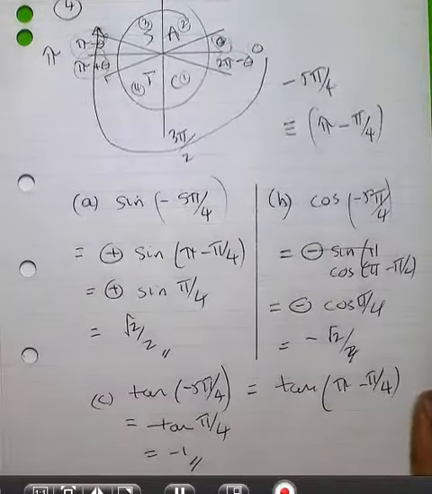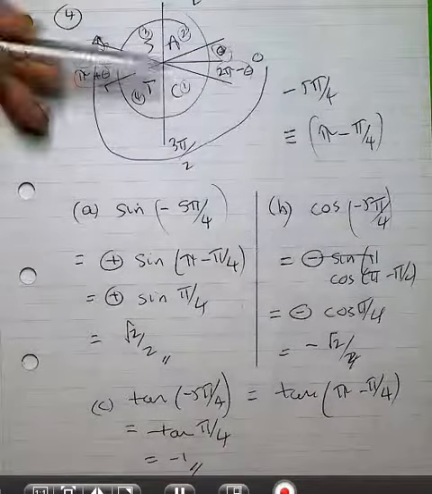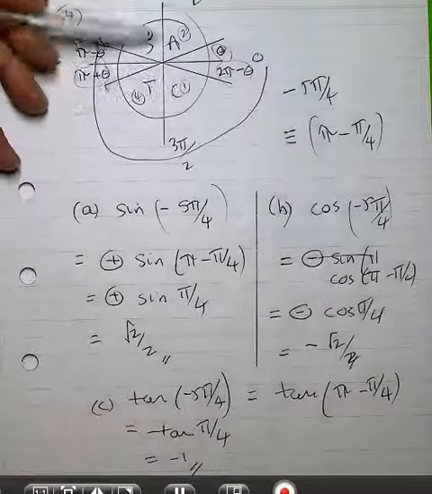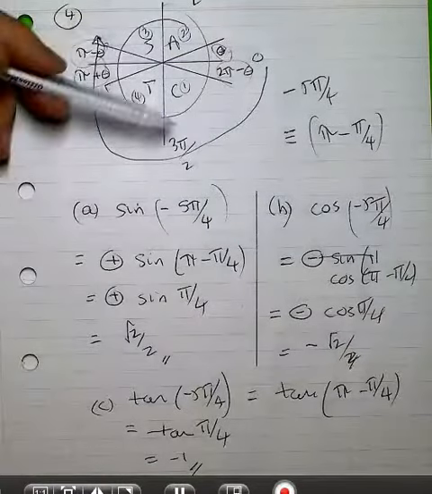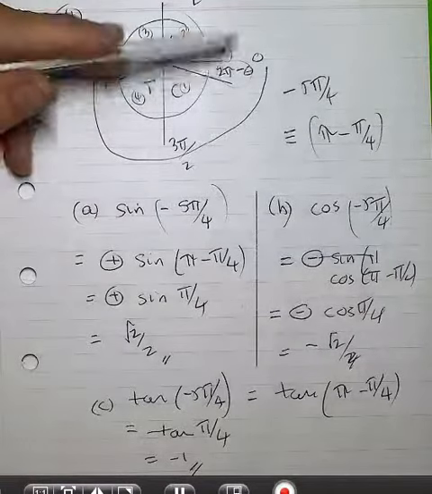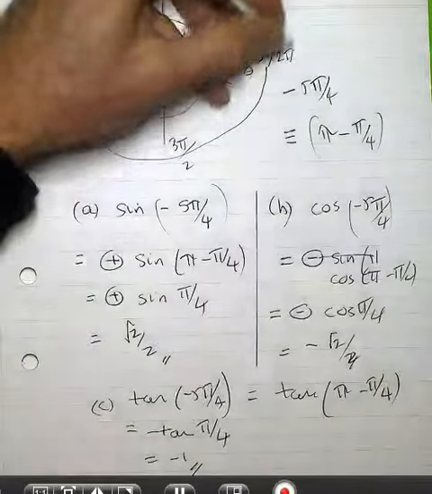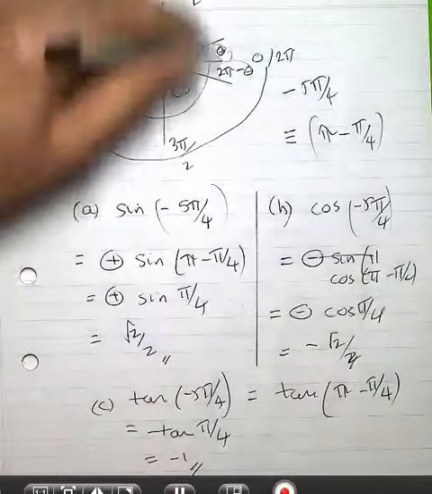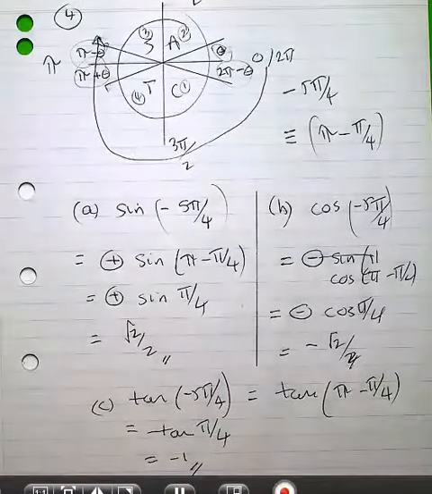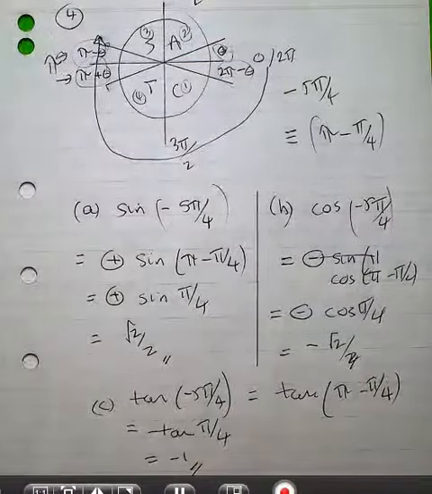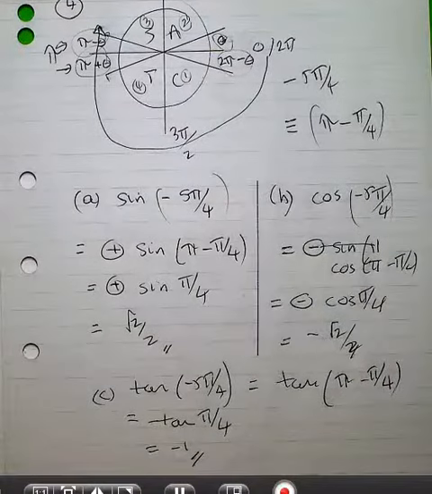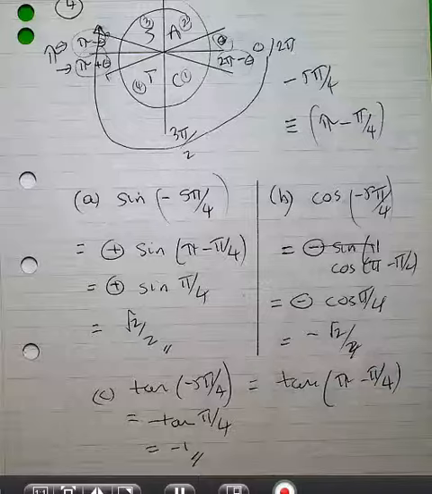Very important that you've got a good handle on the CAST diagram. Your radian measures 0, pi on 2, pi, 3 pi on 2, and 2 pi, and do not be afraid to work back or forwards more than one revolution. Always relate to the ratios as you go, and always relate to the symmetry properties.